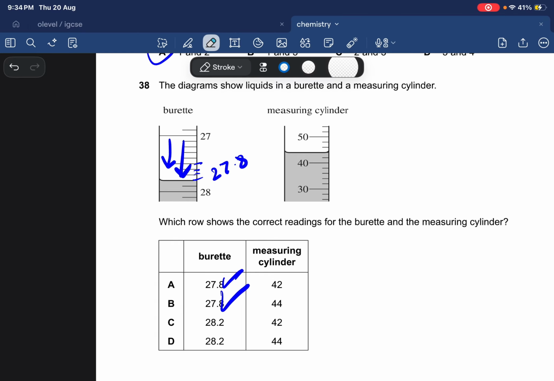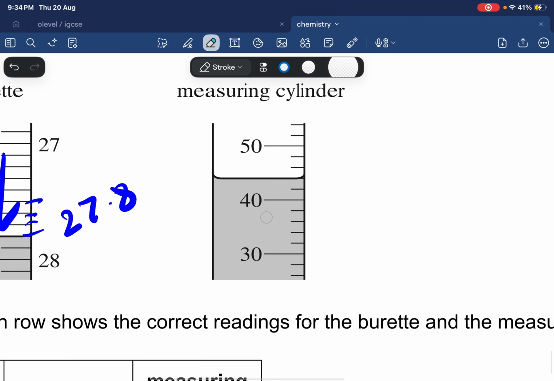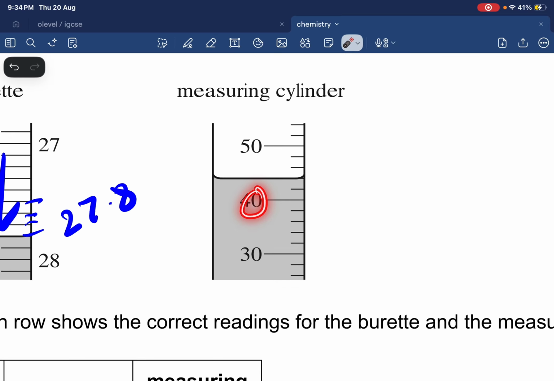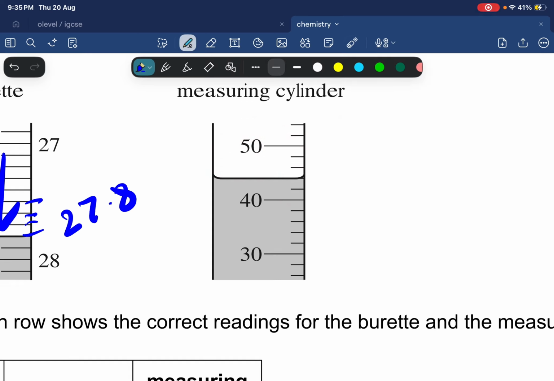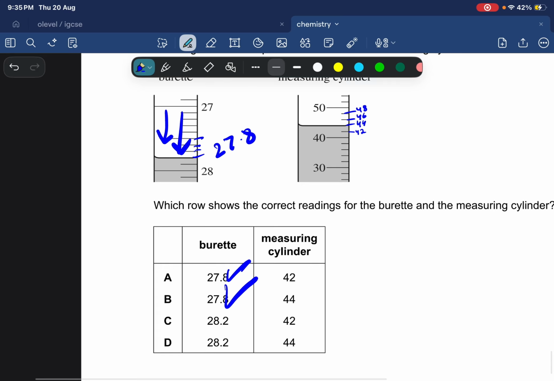But for this part you need to realize this is your 40, this is 42, then 44, 46, 48, and the last one's gonna be 50. So that's 44. Got it?